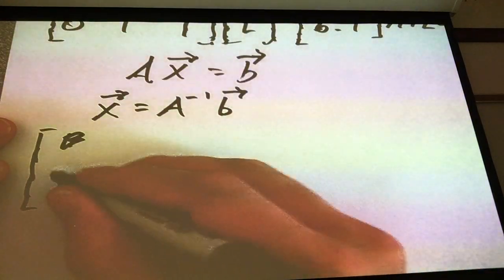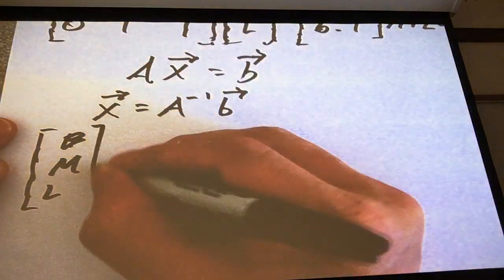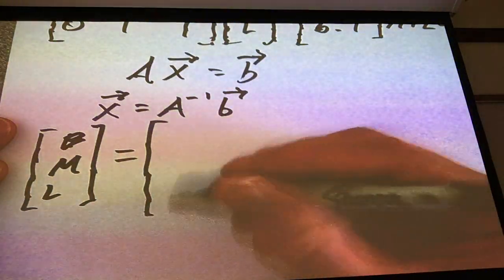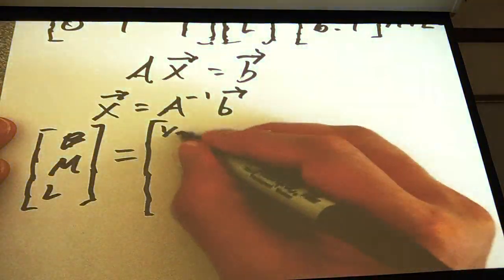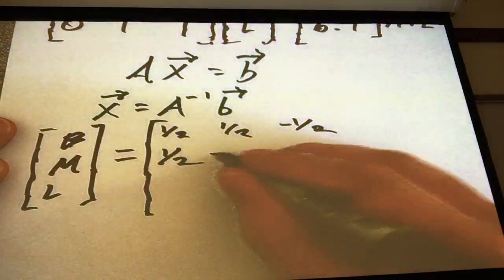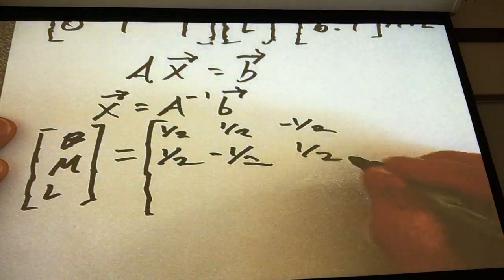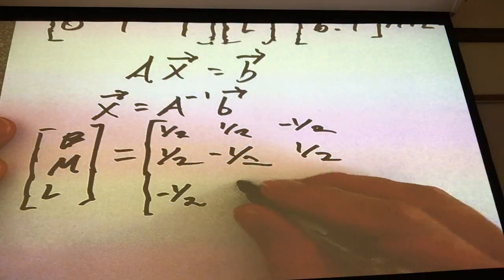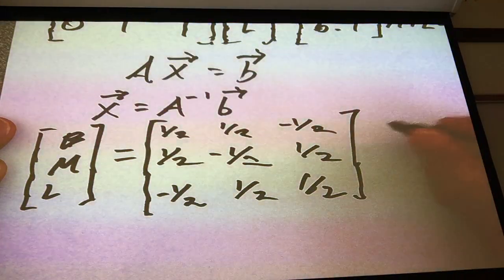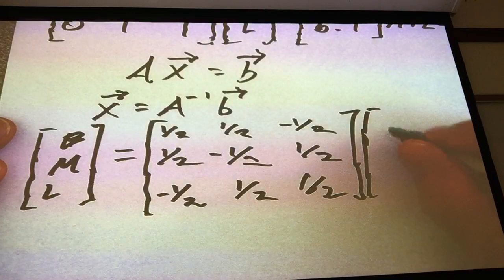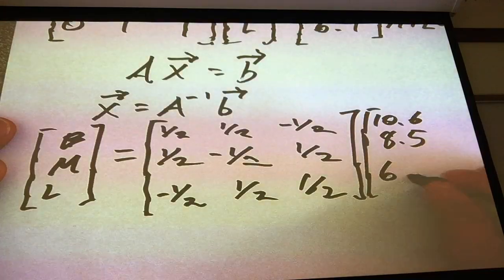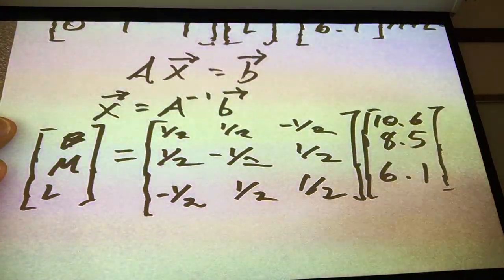Big, medium, little actually equals, let me make this one a little bit bigger because it's a little complicated, the matrix with rows 1/2, 1/2, negative 1/2; 1/2, negative 1/2, 1/2; negative 1/2, 1/2, 1/2, and then multiply by 10.6, 8.5, and 6.1.